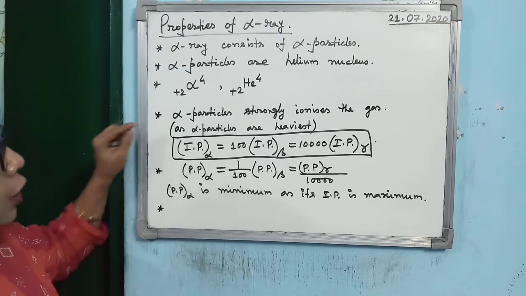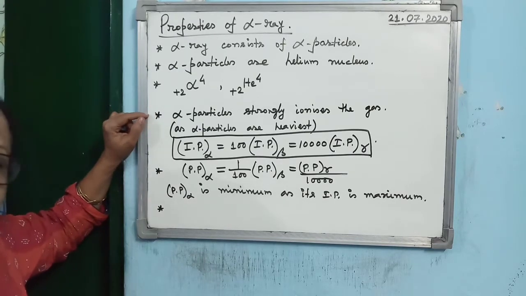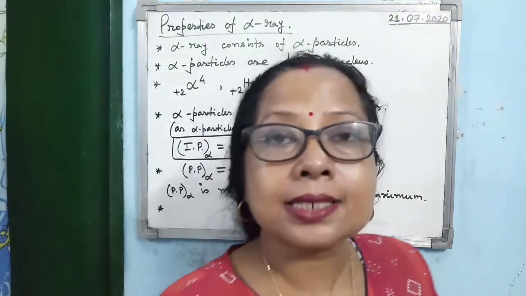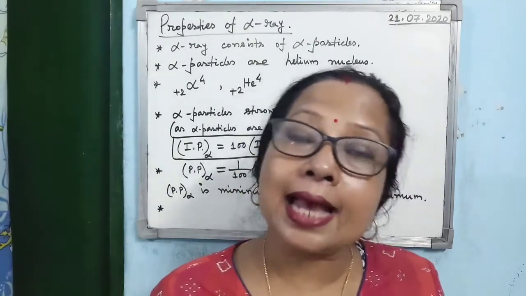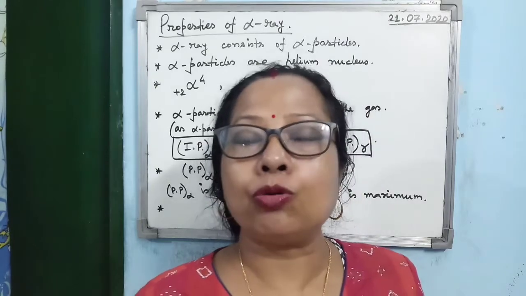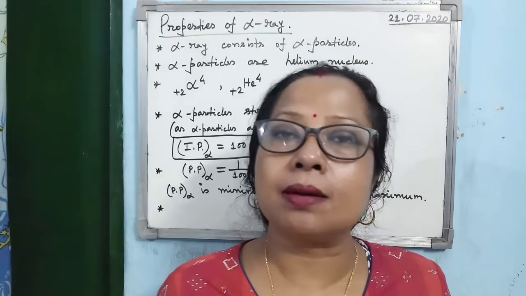Okay. So here this is the most important point related with the properties of alpha particle, that alpha particle can strongly ionize the gas. You may get the question, why can alpha particle strongly ionize the gas? The reason is that alpha particle is the heavy particle. Out of alpha, beta, gamma, alpha is the heaviest particle. Its mass number is 4.